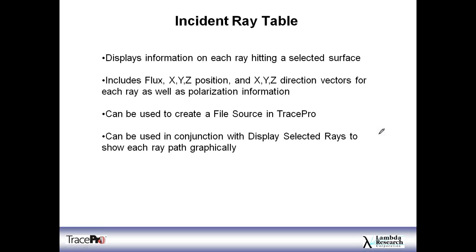You can use the incident ray table to create file sources. We did a webinar back in the middle of last year on light sources in TracePro, and if you're interested in how to use the incident ray table to create a file source, I suggest you go take a look at that one as well.